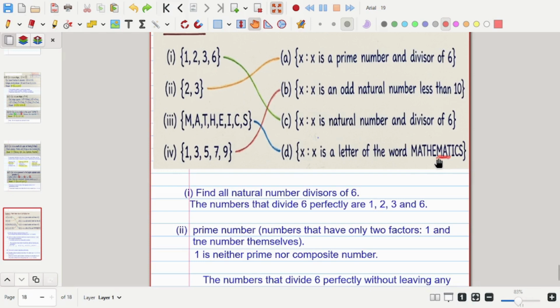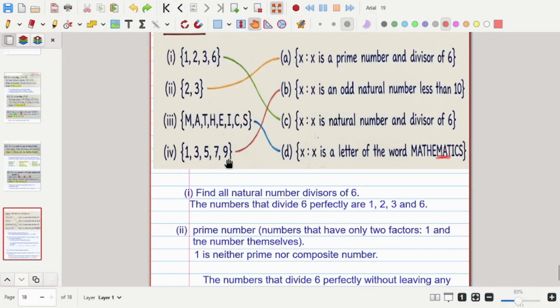Therefore, cancel it or drop it. Therefore, M gets cancelled, A gets cancelled, T gets cancelled. Therefore, the set is H, E, M, A, T, I, C, S. Therefore, it can be written as X is a set of all X such that X is a letter of the word mathematics.